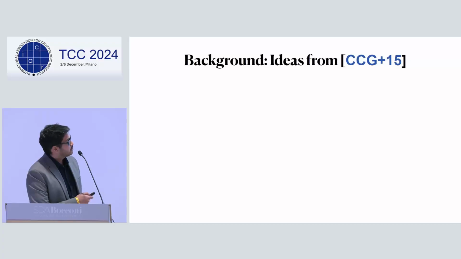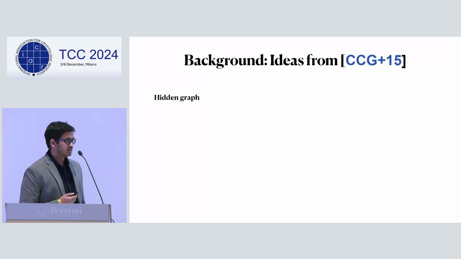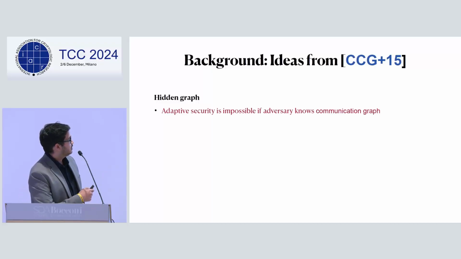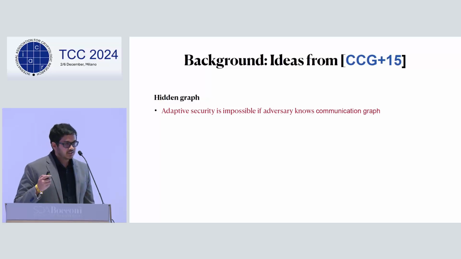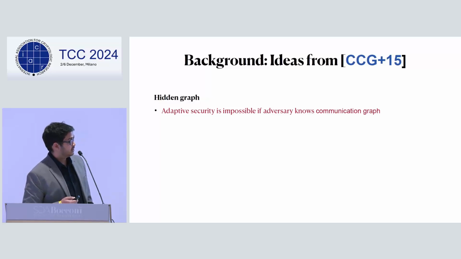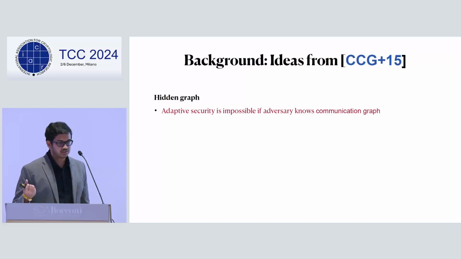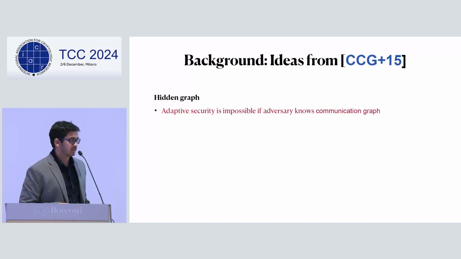To begin, some background ideas from the work of Chandran et al. from 2015. The first thing that they introduced was something called a hidden graph. And the intuition here is that adaptive security is impossible if the adversary knows the communication graph. And like I mentioned, the idea is that an adversary could just corrupt all of the neighbors of some particular party.